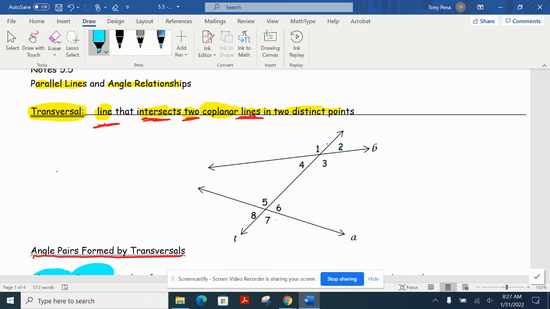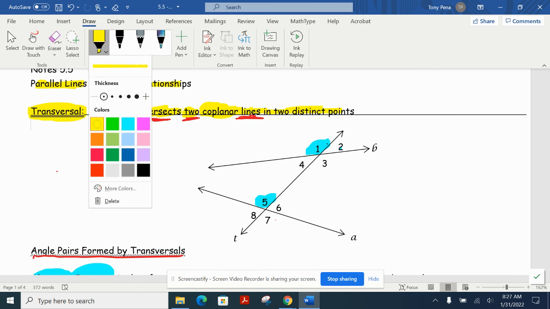If I look at these angles here, notice how angle 1 is the upper left-hand corner of these 4. Its corresponding angle down here would be the other one that would be kind of the upper left-hand side. So angle 1 and angle 5 correspond to each other in terms of they're both on the same side of the transversal, but they're both above those lines. They're kind of upper left-hand corner.